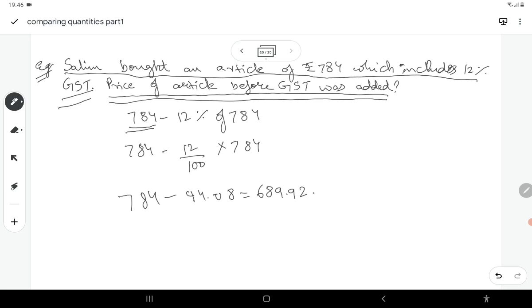Price of the article at which Salim bought minus 12% of 784 would give us the price before GST was added. So 784 minus 12% of 784, which is 784 minus 94.08, which gives us the price as 689.92.